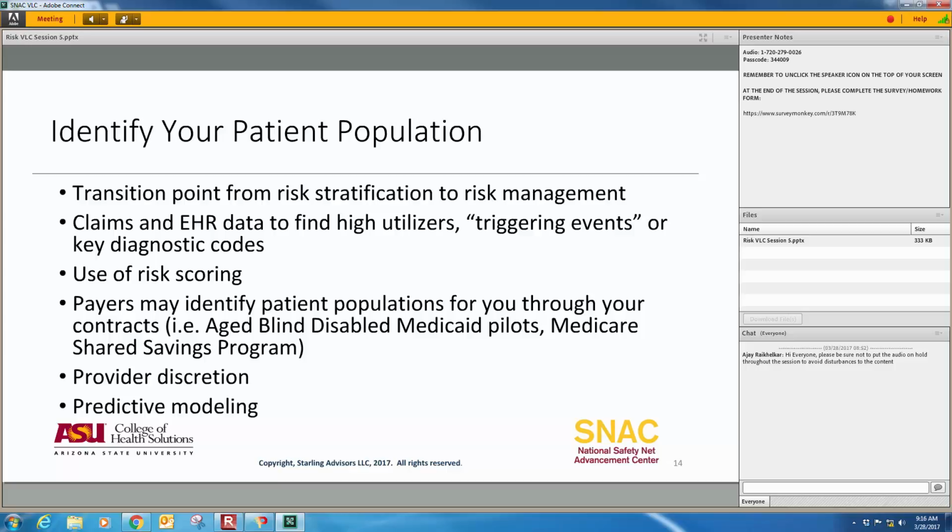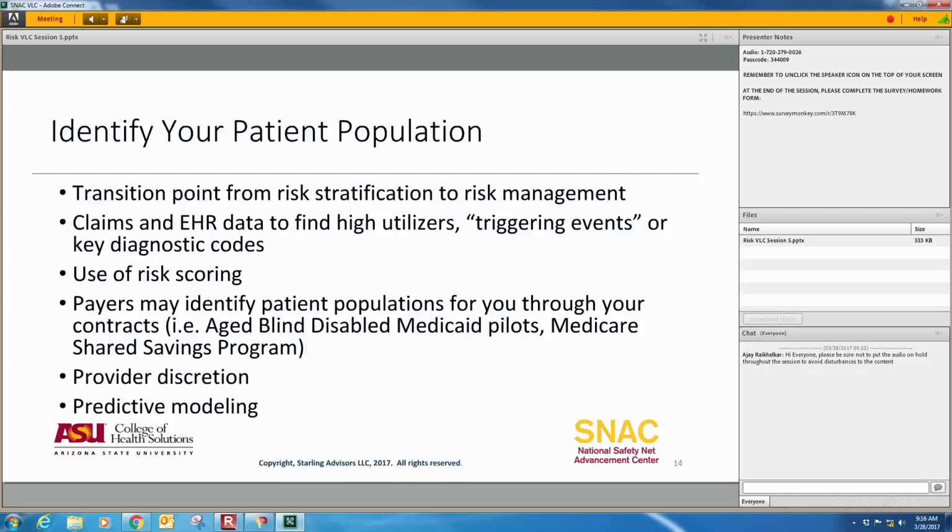The Medicare Shared Savings Program is another example of that. That patient population is identified for you through the attribution process with the payer, and you may subdivide those patient populations based on your interventions, but the payer really is driving the conversation and setting the parameters for who the larger population is.